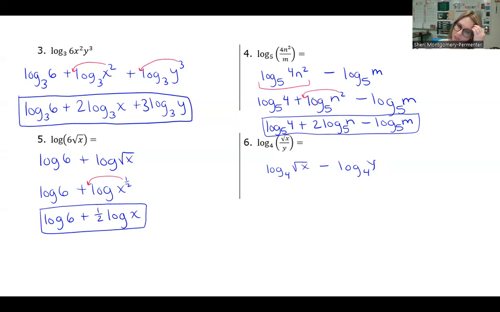So for question number 6, we can change that square root to the 1/2 power. And again, if you have an exponent, you can rewrite it into the front. Good job.